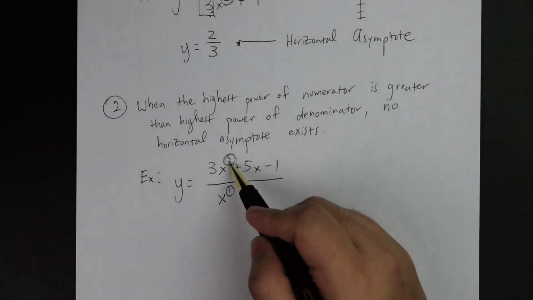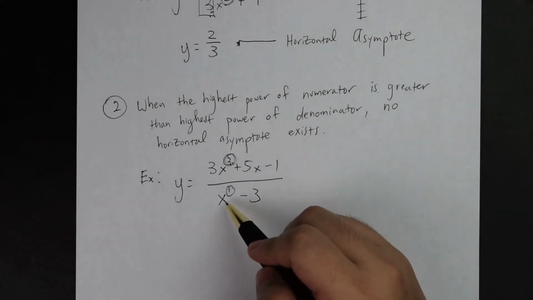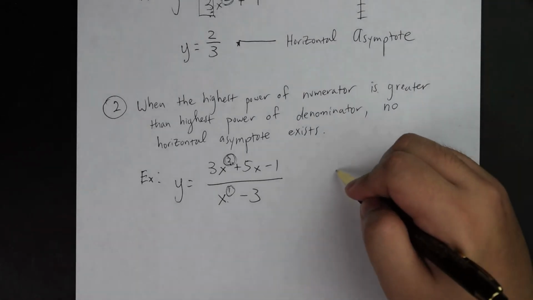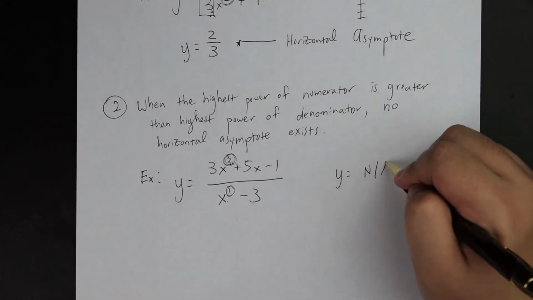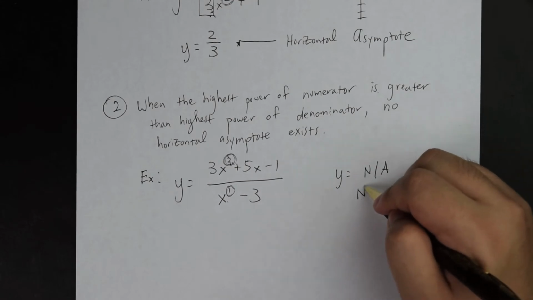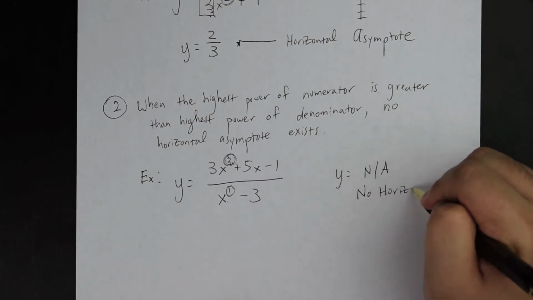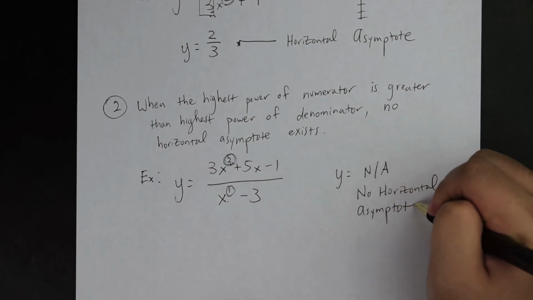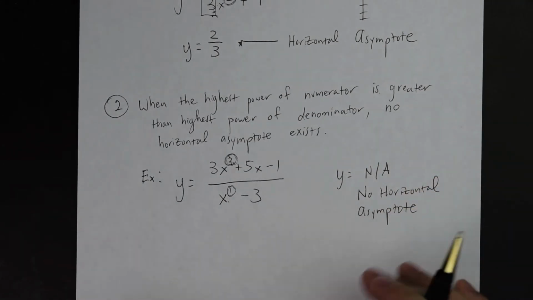And because the numerator is greater than the denominator right here, that means for certain that we could just state no horizontal asymptote. And that completes my work for this question, okay? So that's the second rule.